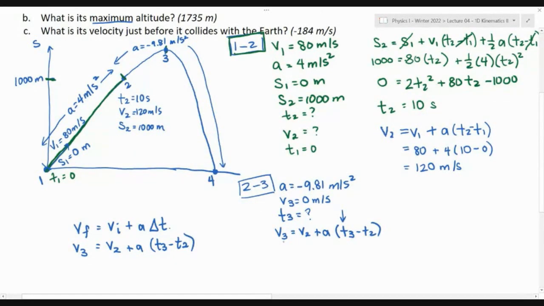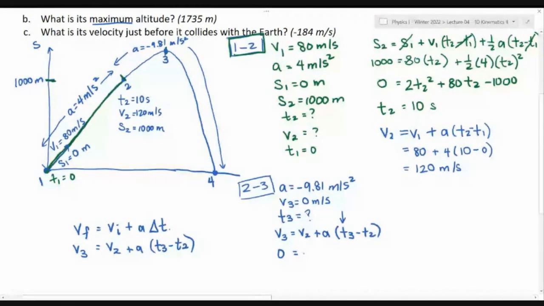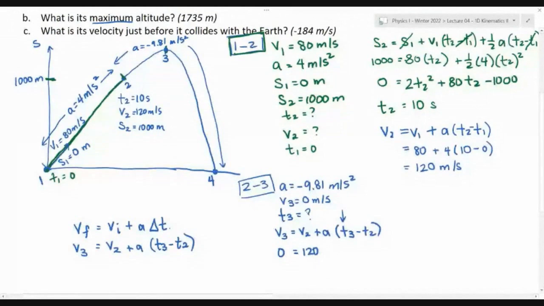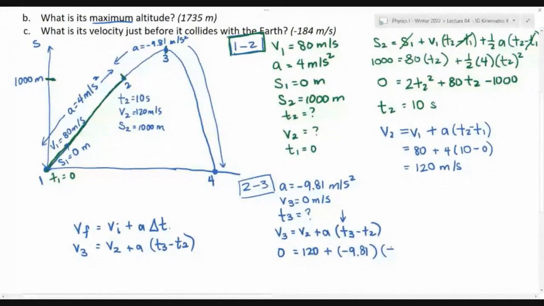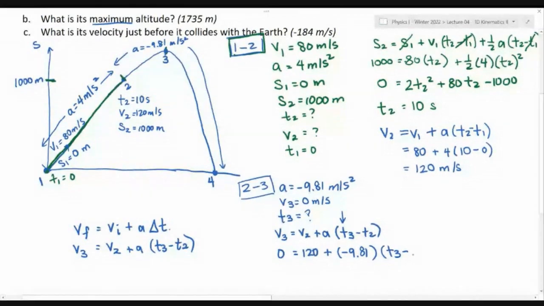Okay, so V3 is 0. V2, we already know from before, was 120. Notice how we needed to figure out what that was before we could do this question. That's why we solved for it before. Plus A. Now our A is negative 9.81. T3 is what we're looking for, minus T2, which was 10.